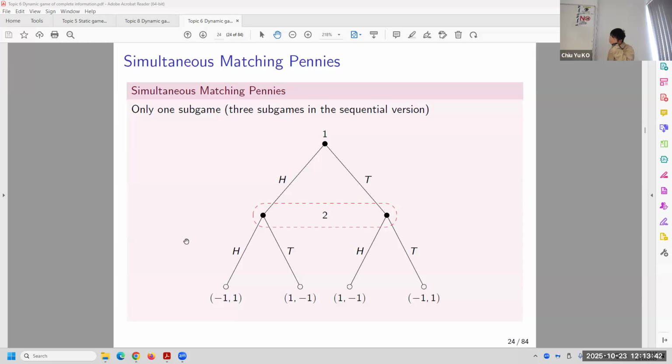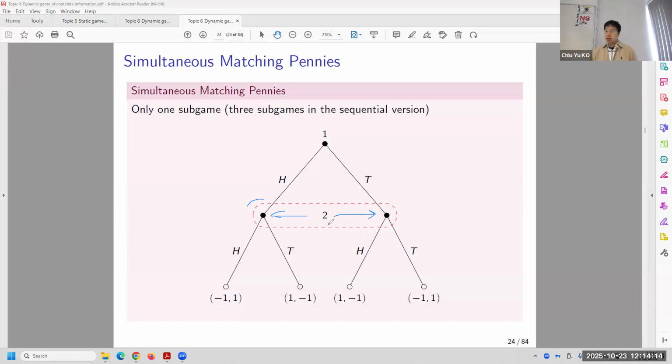We will define the information set here based on their moving together. When we draw a tree diagram with the information set like this, we imply that player 2 does not know where he is. He doesn't know whether player 1 has chosen head or tail.